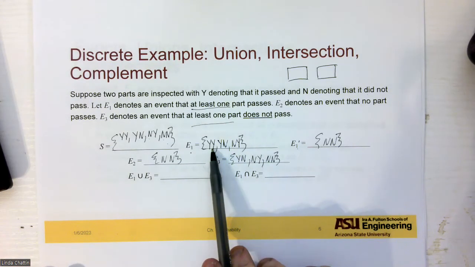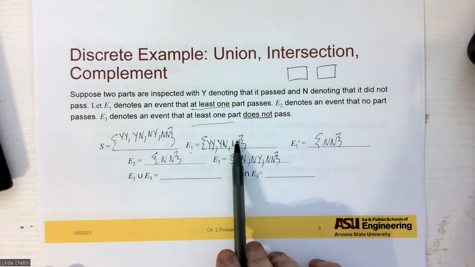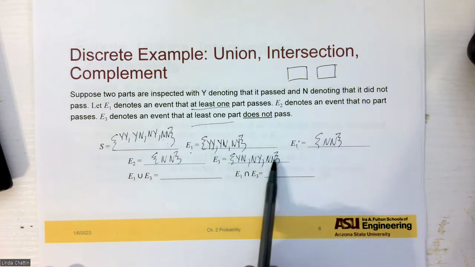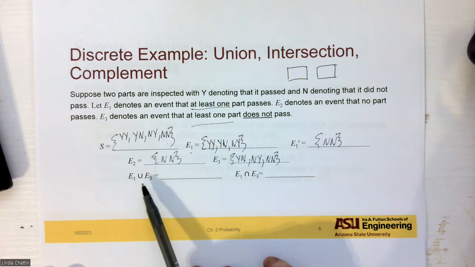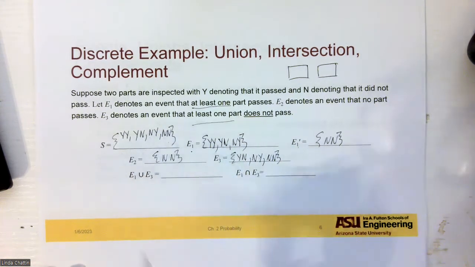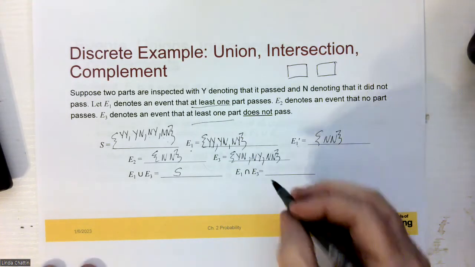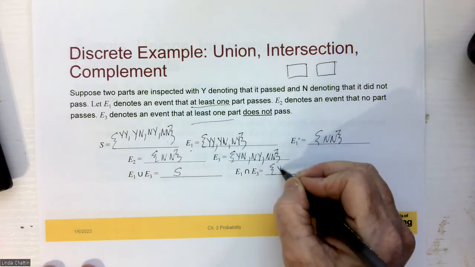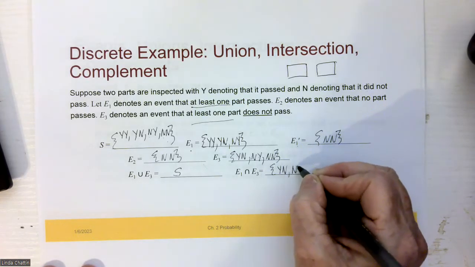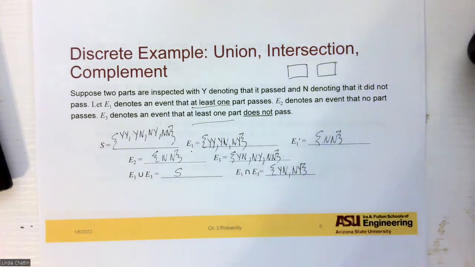So we have YY, YN, NY, so these two are there, and then NN. So E1 union E3, it's everything that's in S. And then E1 intersect E3, that's going to be YN and NY. So some simple concepts there, not too bad.